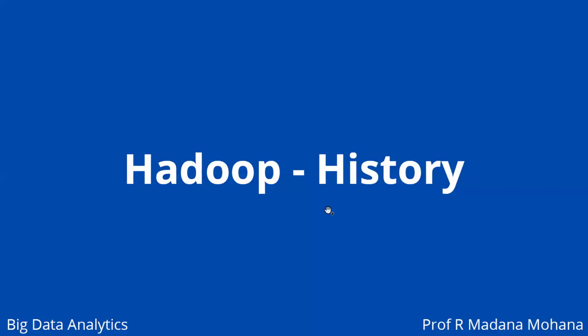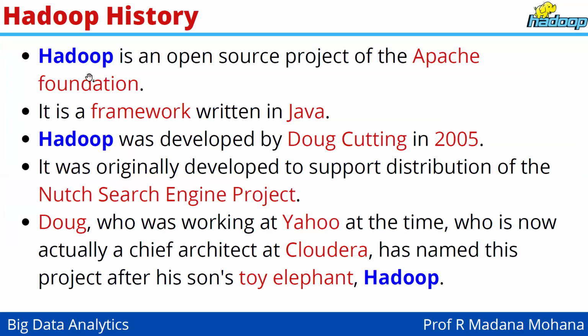Coming to the history of Hadoop. Hadoop, as we already know, is an open source project from the Apache Foundation. It is a framework initially written in Java. Hadoop was developed by Doug Cutting in 2005.